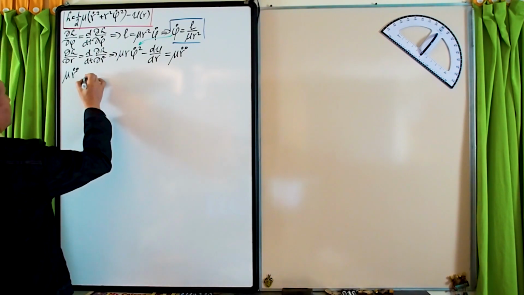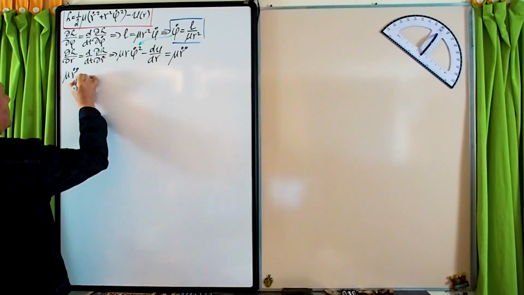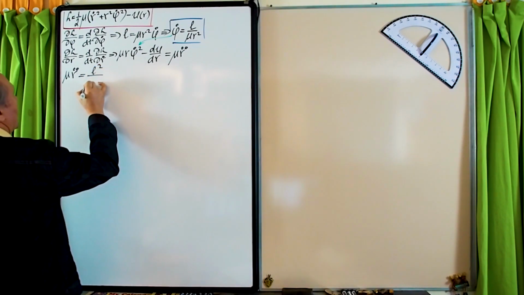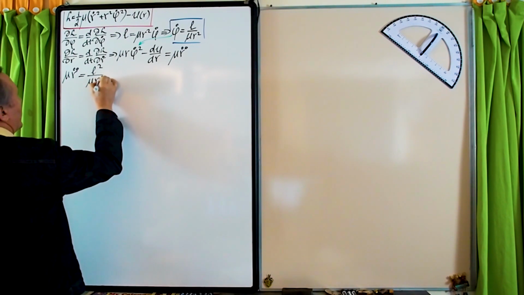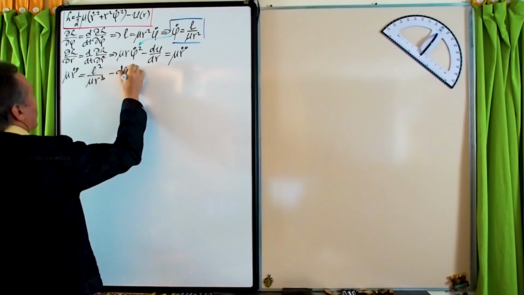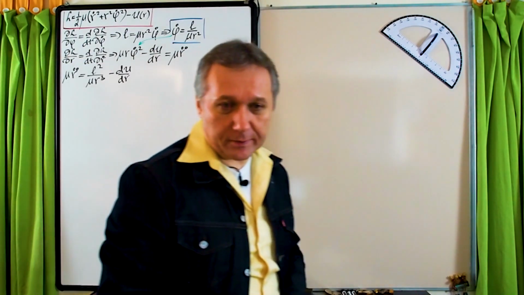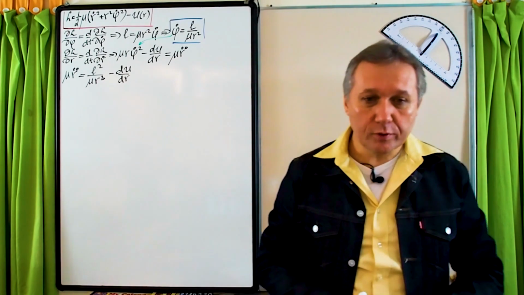So it equals L squared over mu r cubed minus dU over dr. So that's what we're getting: a second order differential equation.